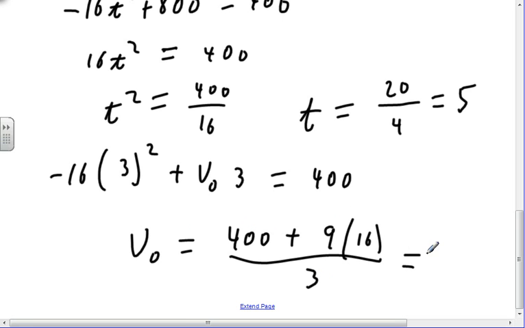At that point, we take out our calculator. 400 plus 9 times 16 equals, divided by 3, 188 and 1/3 feet per second is what I must fire the projectile at.